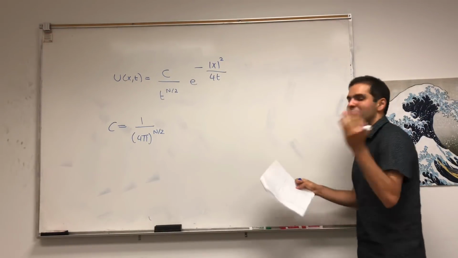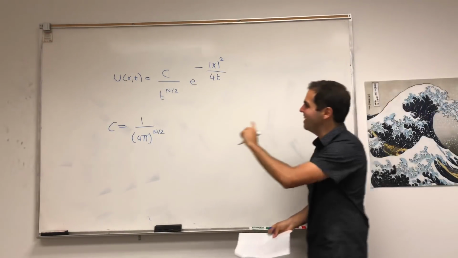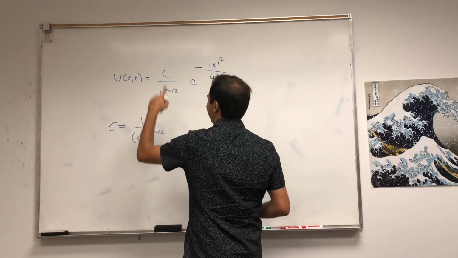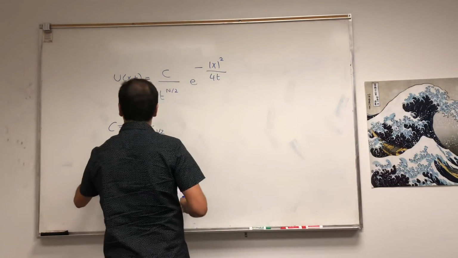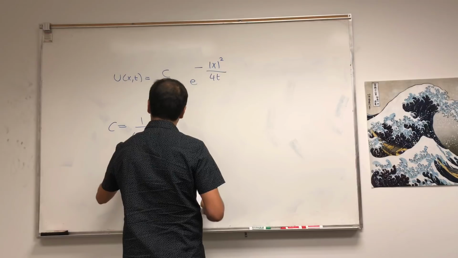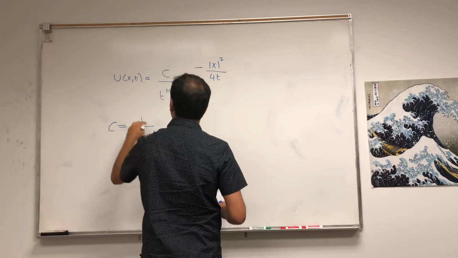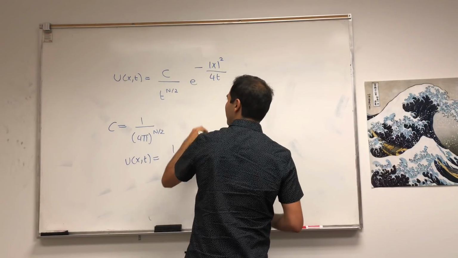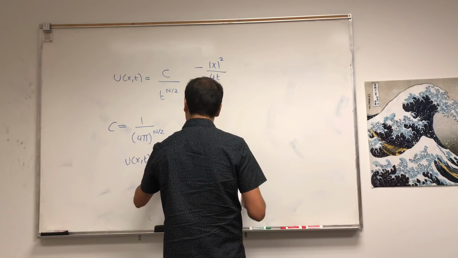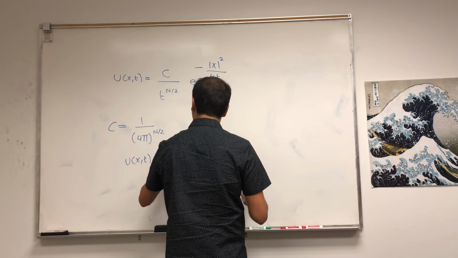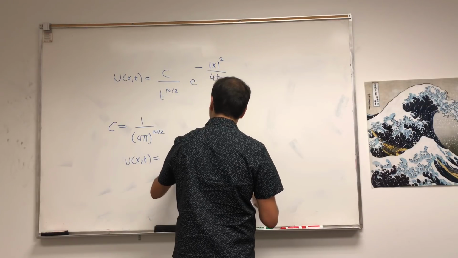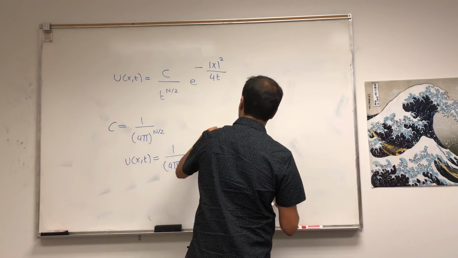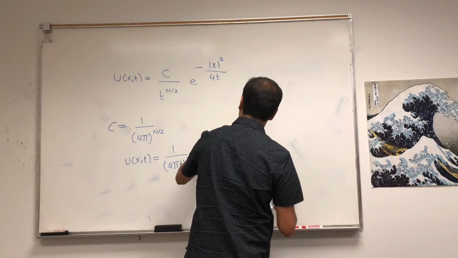Just in tribute of pi n, okay? It's almost pi n, so close. And in the end, you get u of x,t to be 1 over 4 pi to the n over 2 times t to the n over 2, and that's the same thing as 1 over 4 pi t to the n over 2, e to the minus x squared over 4t.